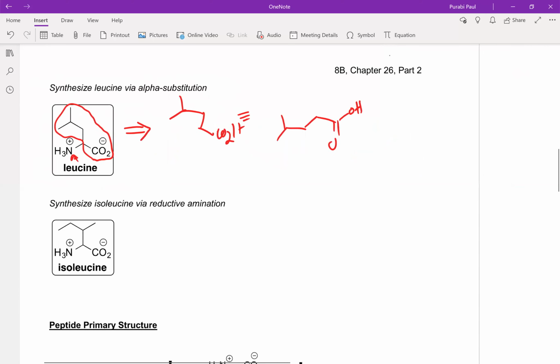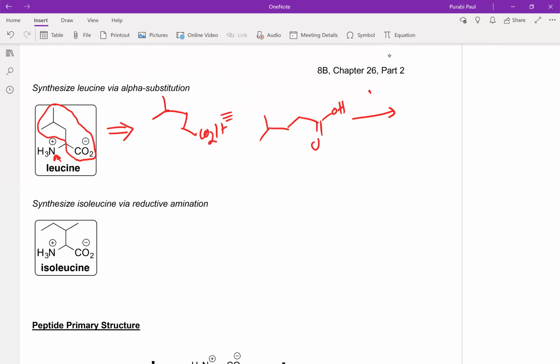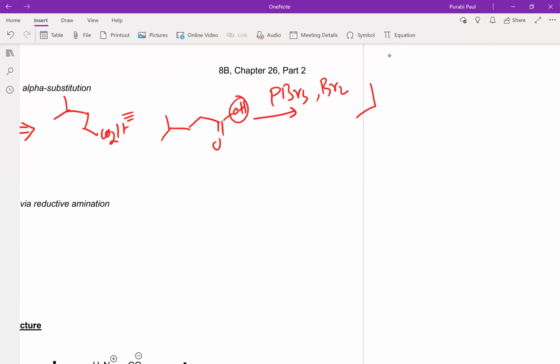And what do we do? We first treat it with PBr3 and Br2. Remember, PBr3 converts the carboxylic acid into an acyl bromide, and Br2 will add bromine on the alpha position.